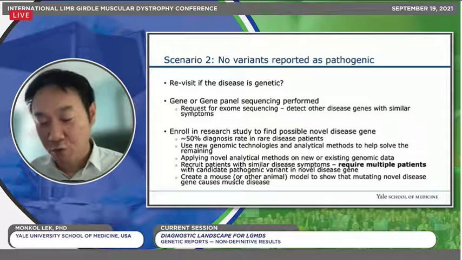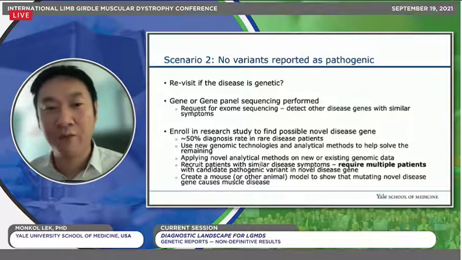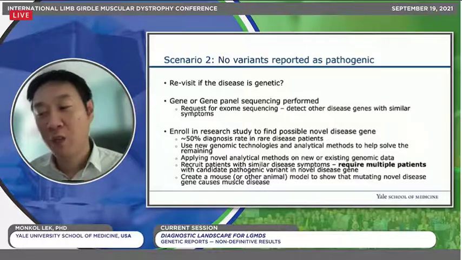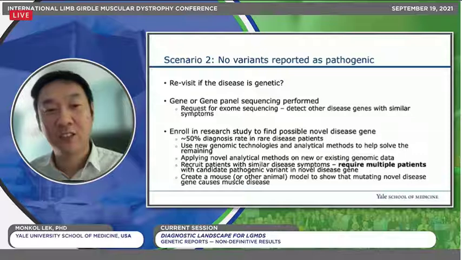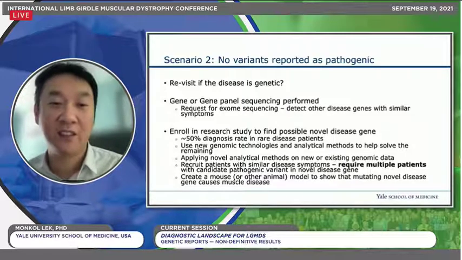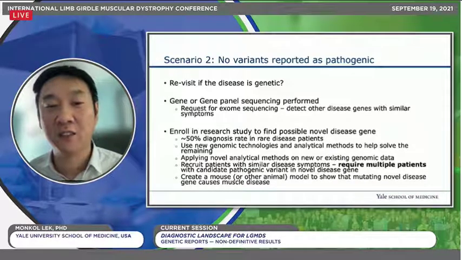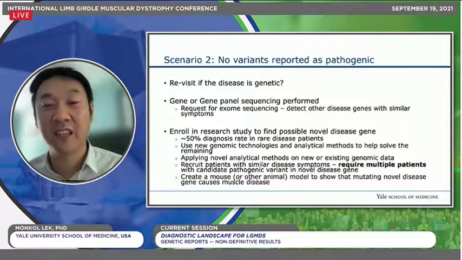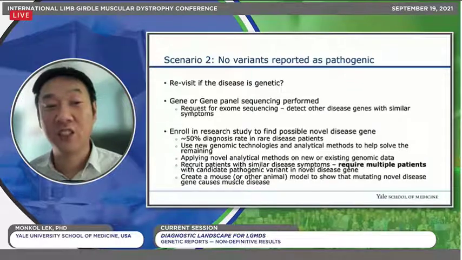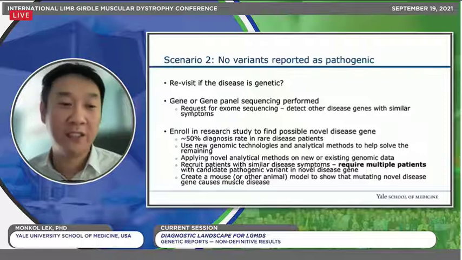So this will move us away from the bias of your symptoms and what they could be, to being hypothesis free and searching for all possible genes, because we know that a lot of diseases have overlapping symptoms. So it allows us to detect either novel disease genes or genes that we would not initially think of that weren't present in the panel.